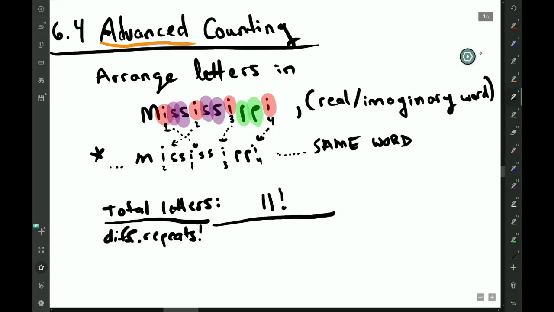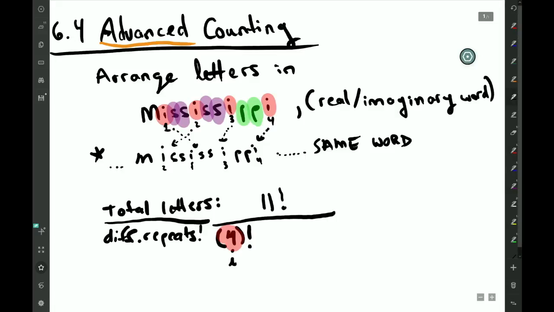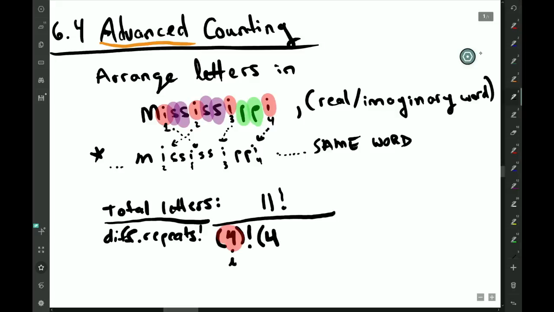So I have 4 I's. So I'm going to take 4 factorial to take care of my 4 different I's. I have 4 S's. 4 factorial to take care of my 4 different S's. Because really they're the same whether I have them in different places.